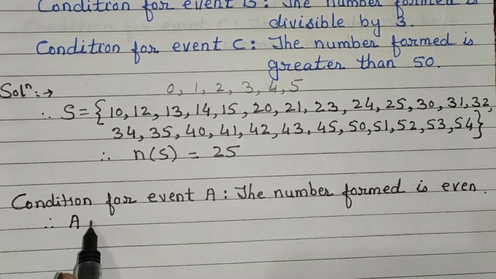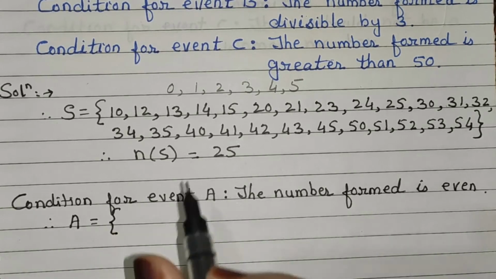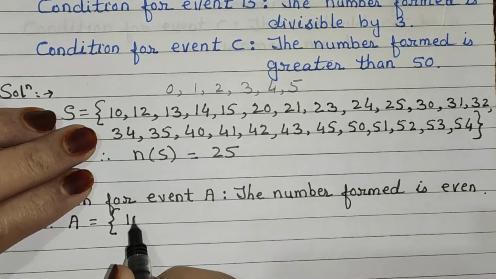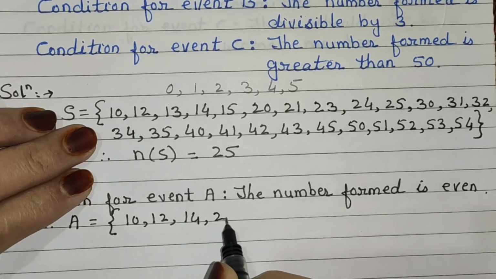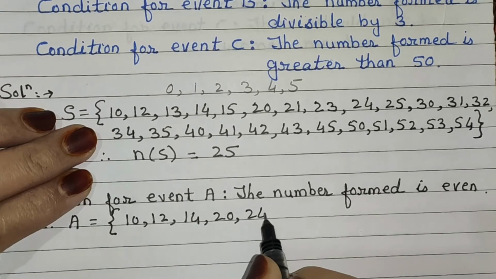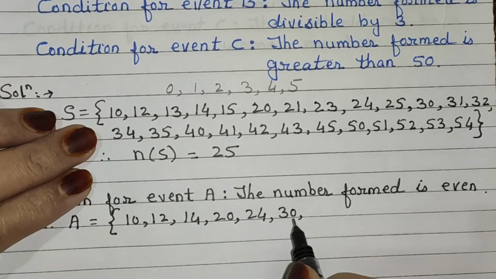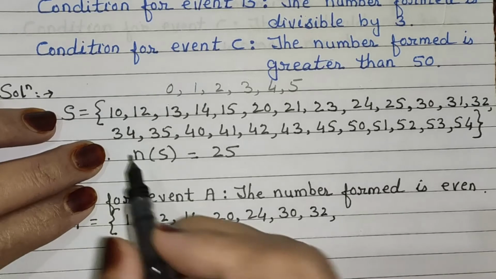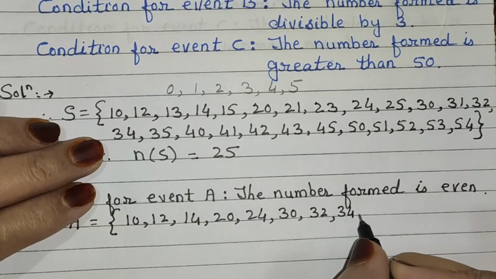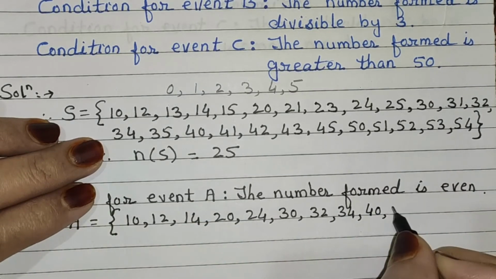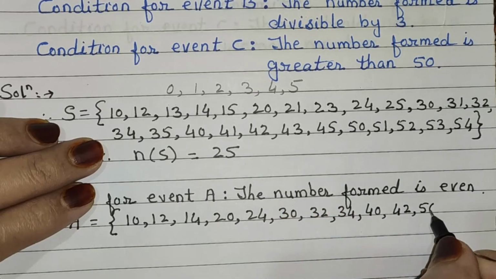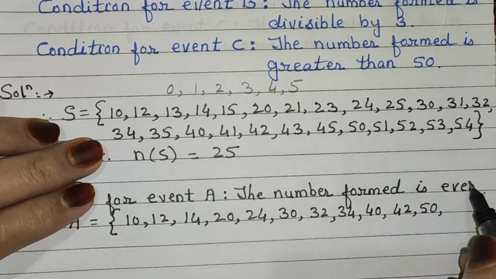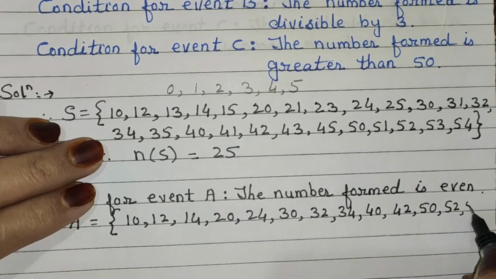Therefore A is equal to 10, 12, 14, 20, 24, 30, 32, 34, 40, 42, 50, 52 and 54.